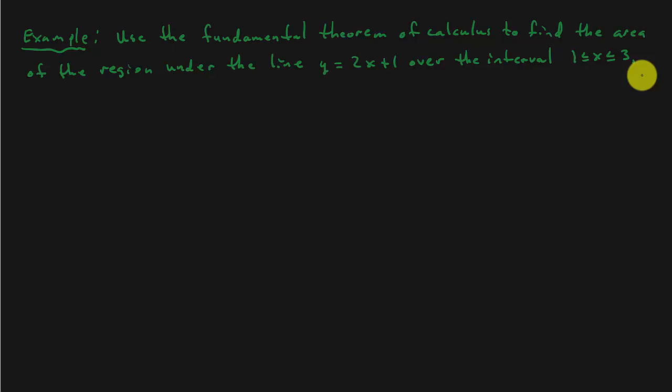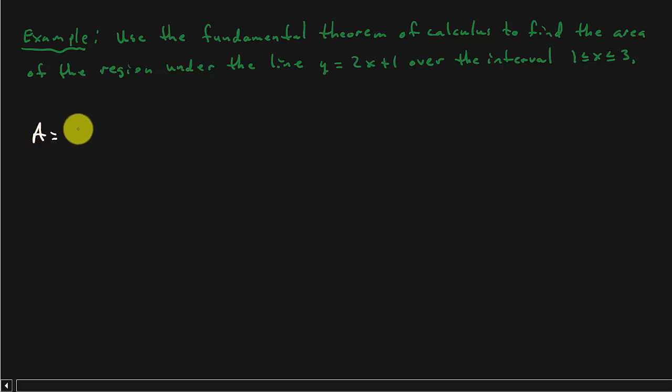All right, but now what about if we want to find the exact area under this curve? Well, to do that, we've got area is equal to the integral of 2x plus 1 dx from 1 to 3. So there you go. That's how you find the exact area under the curve. You just integrate the function and evaluate it from whatever it wants you to, from 1 to 3 in this case.